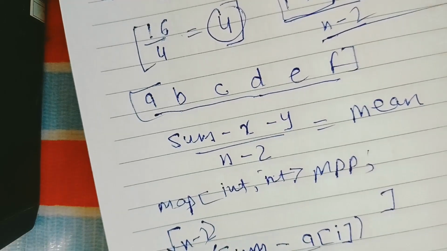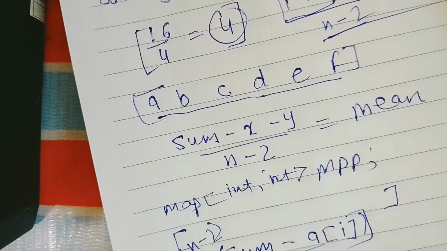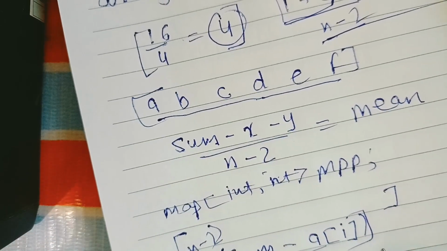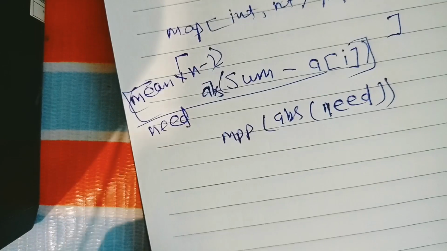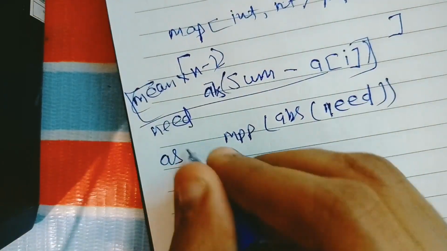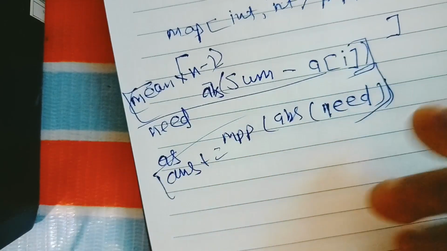Let's call this value need. We will check whether this need is in the map, and if it does, then I will add it to the answer. Simple.